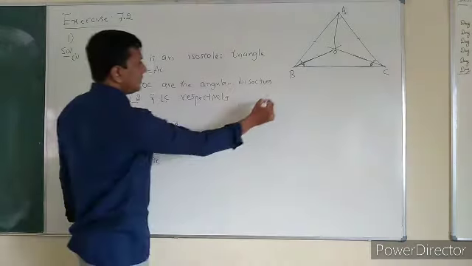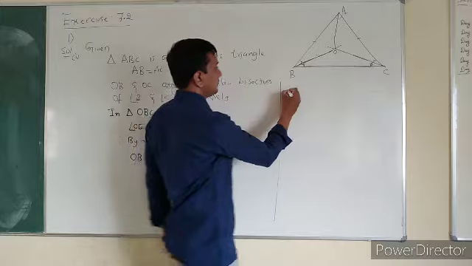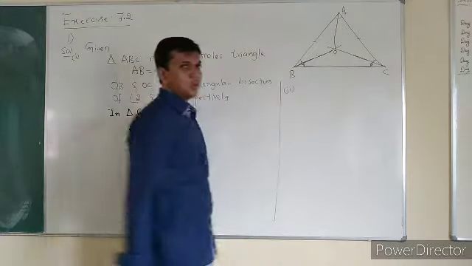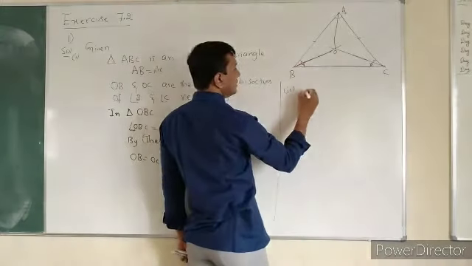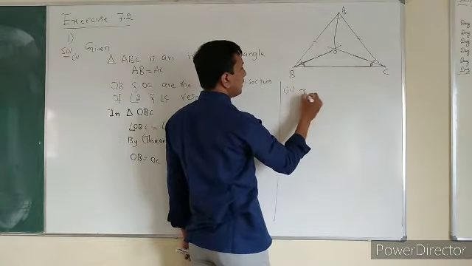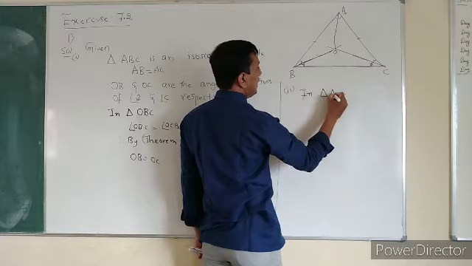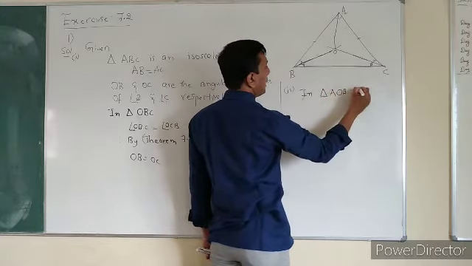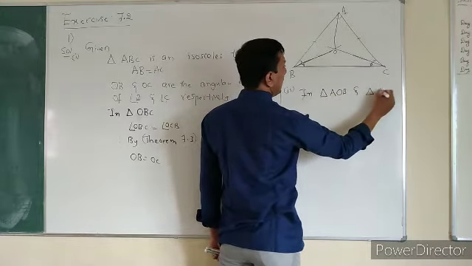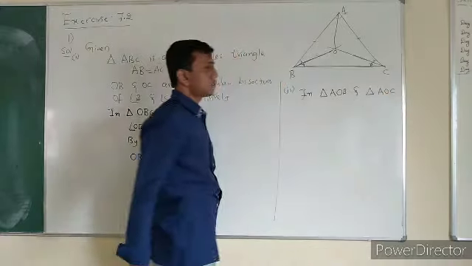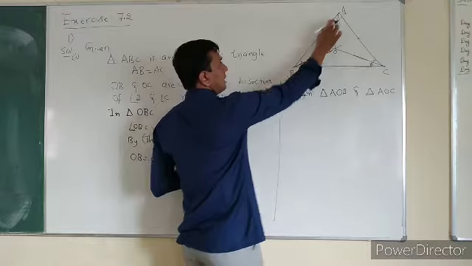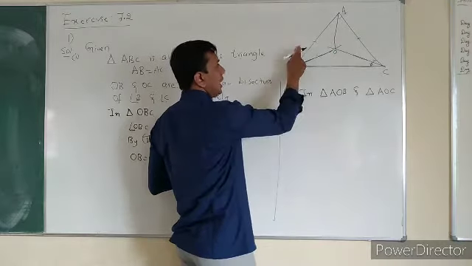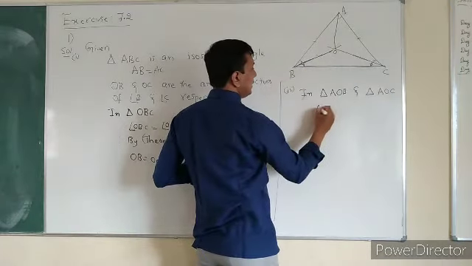Next, to prove the second one, we will compare triangle AOB and triangle AOC. What are the common things you are observing here? AB is equal to AC.